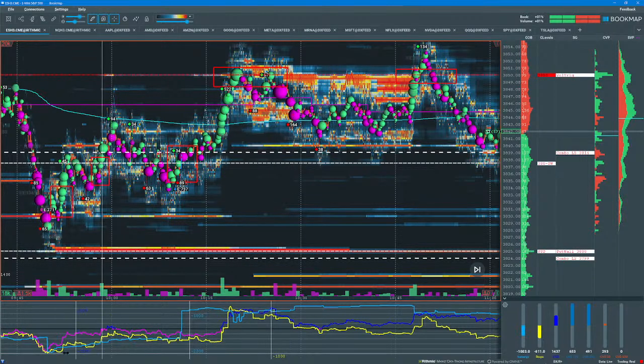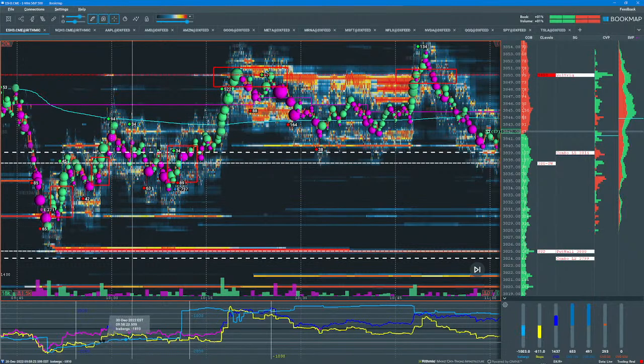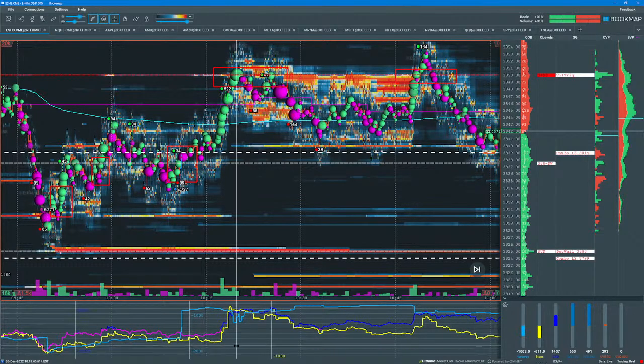And at the same time, these lines in the subchart are showing iceberg orders, and that is the blue line, and I'm showing these in summation mode. And also there are some buy stops firing, and that's shown by the yellow line. And then the pink to dark blue line shows cumulative volume delta.